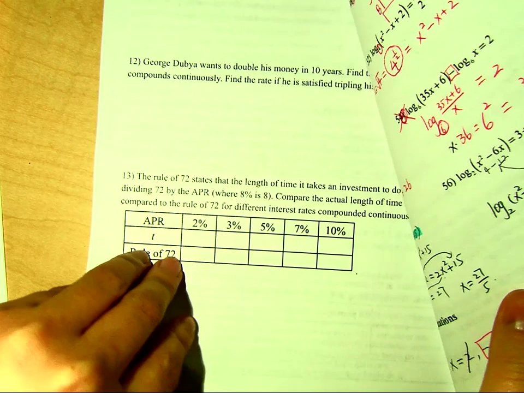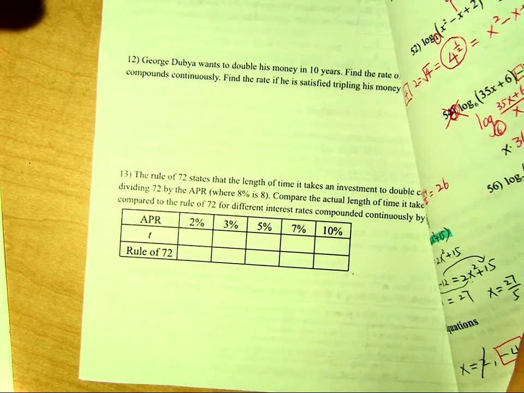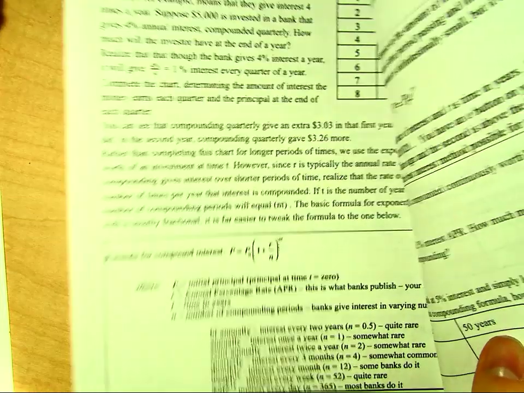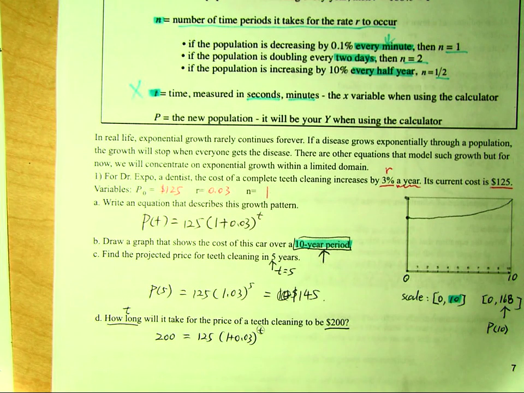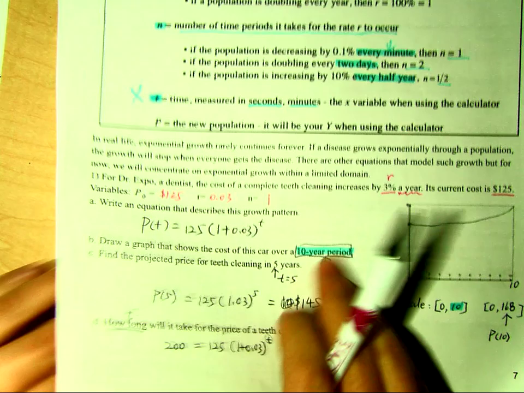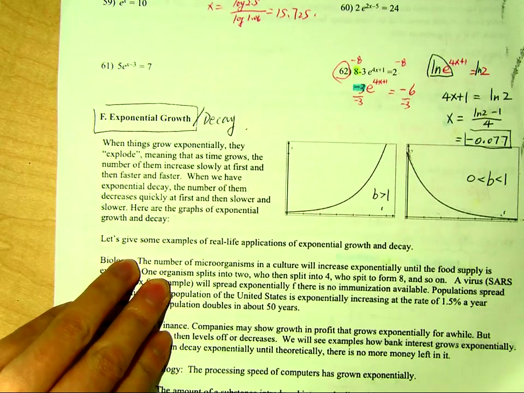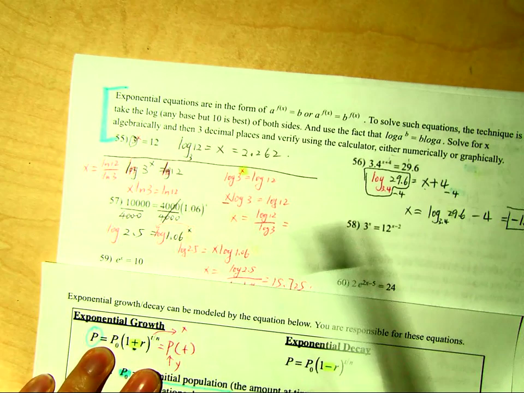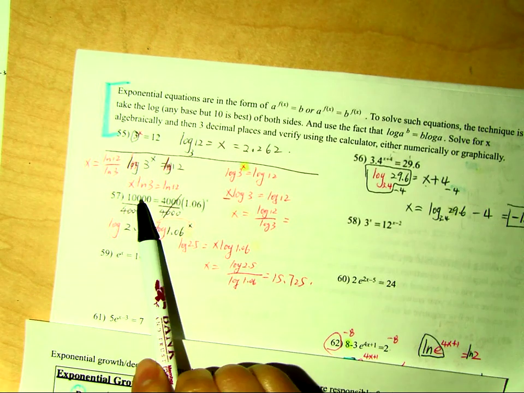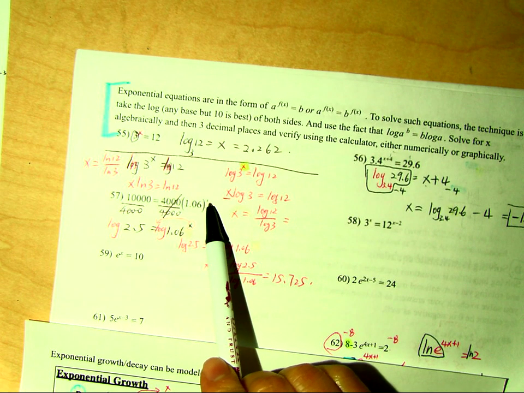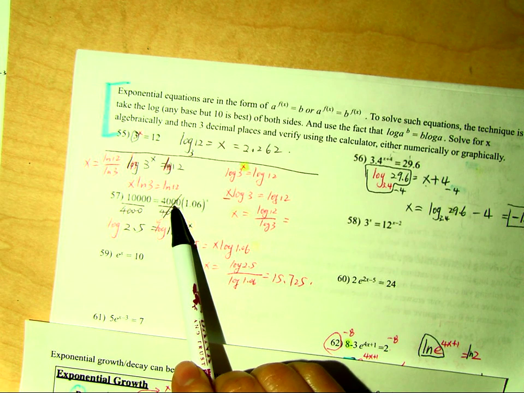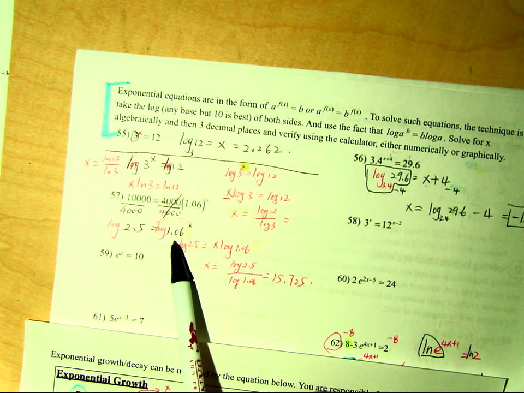See if I still have it. Oh, here, right here. When we have this exponential, we solve for this exponent. That's how we do it. We cancel the coefficient and then take log on both sides.